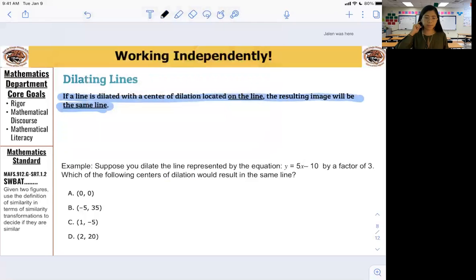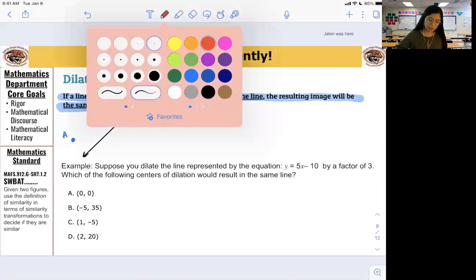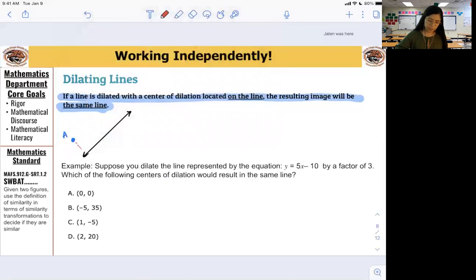Let's say I have a line and I have a center of dilation. Call it point A. If the center of dilation is somewhere outside of the line, remember what I said with this, what happens is that the center of dilation is like the connecting point.